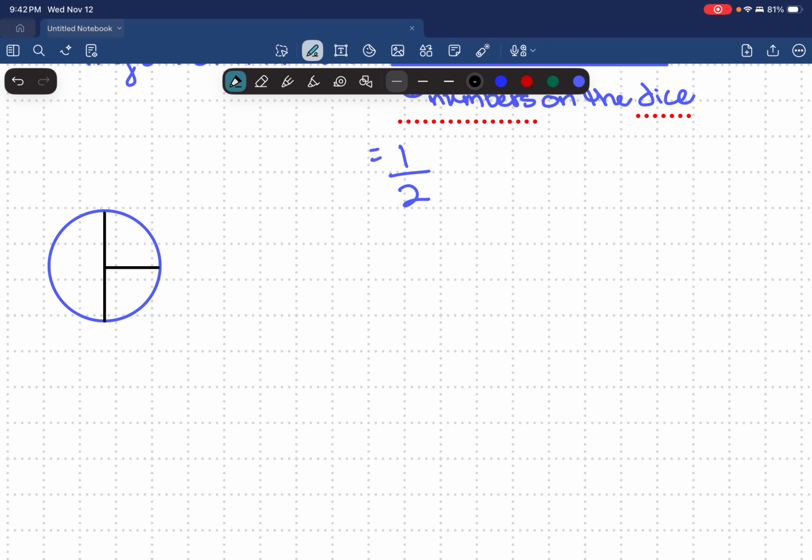All right, so let's fill it in with, let's say, red, green, and let's pick another one. How about yellow? All right, so, spinner.